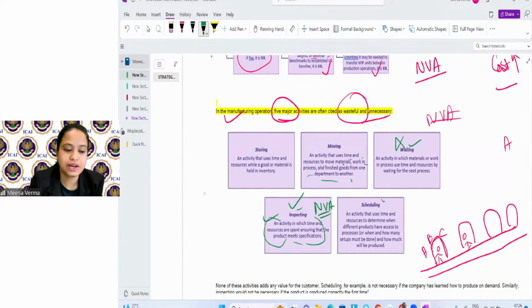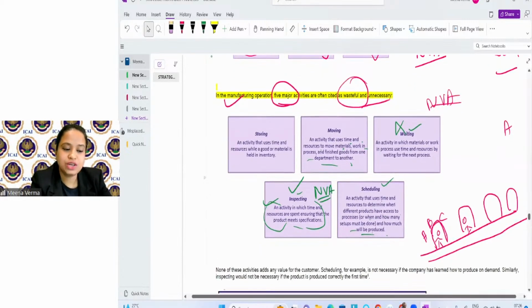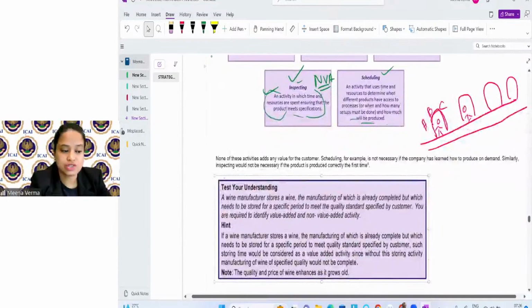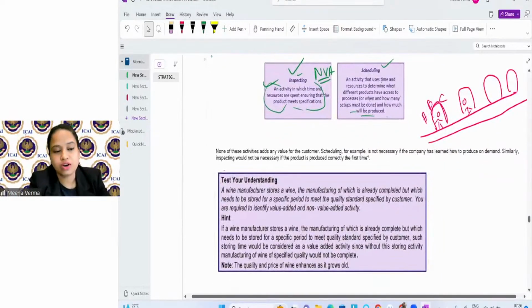Then what do we have? Scheduling. An activity that uses time and resources to determine when different products have access to the process. How much will be produced, okay? Or when and how many steps must be done. You schedule the production. So they have mentioned that even scheduling the production is a non-valuated activity.